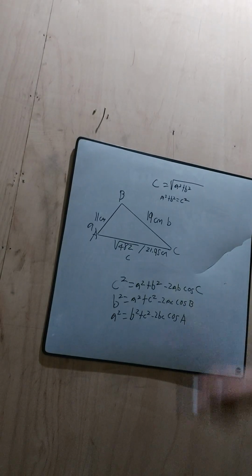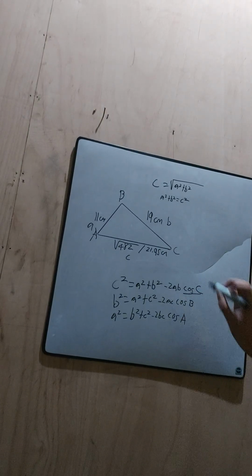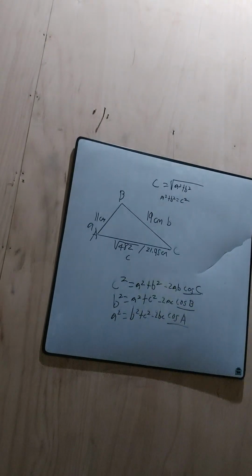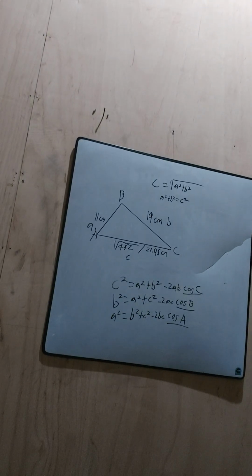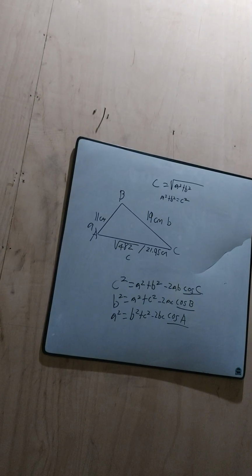Now, in this situation, we don't know these. These are the missing ones. We don't know the angles A, B, C, right? Okay. So, derived from this law, we have a formula to get the angles.